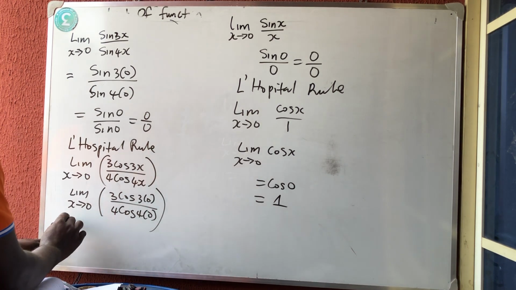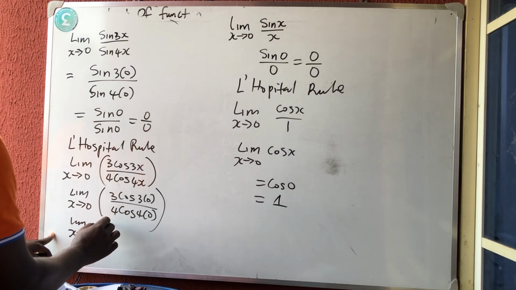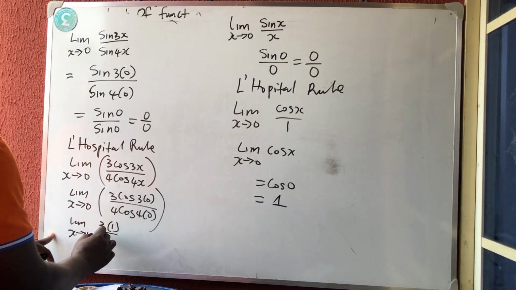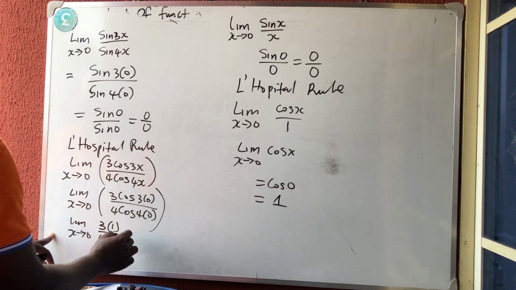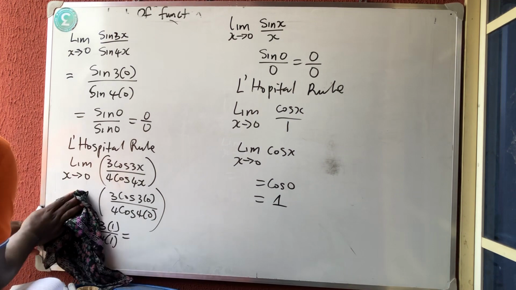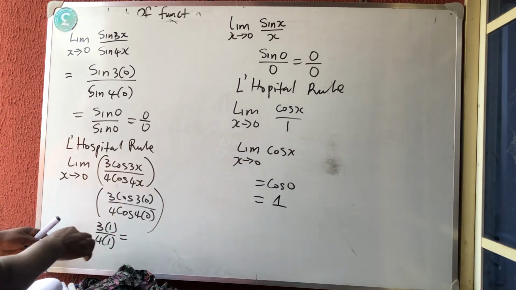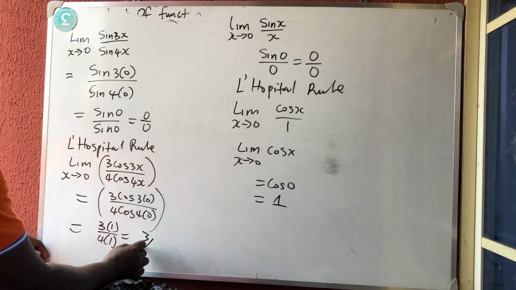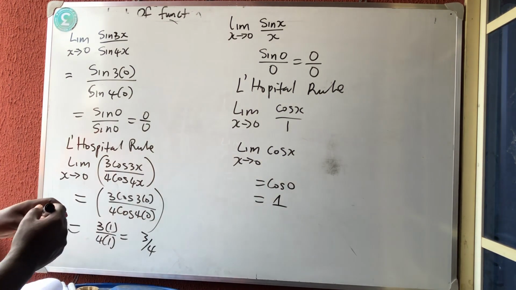So what do we have now? This time cos 0 is 1, so 3 bracket 1 all over 4 bracket 1. Sorry, we are not putting limit again because we have substituted. So what do we have now? 3 over 4. And 3 over 4 is the answer.